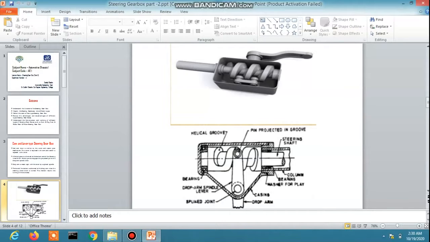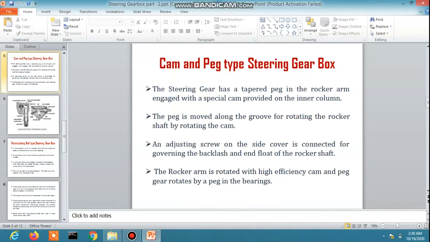Cam and peg type steering gearbox. The steering gear has a tapered peg in the rocker arm engaged with a special cam provided on the inner column. The peg is moved along the groove for rotating the rocker shaft by rotating the cam.